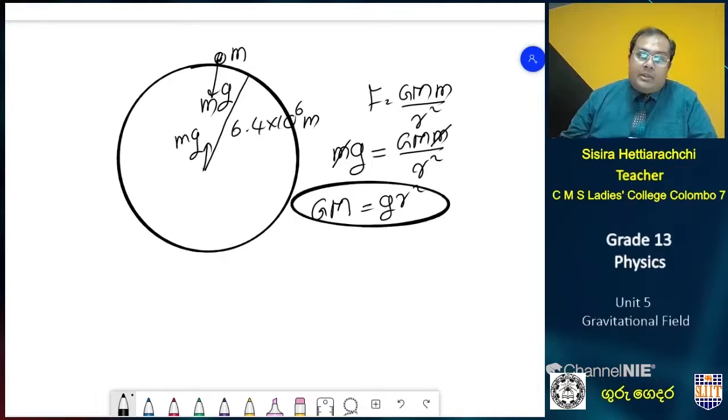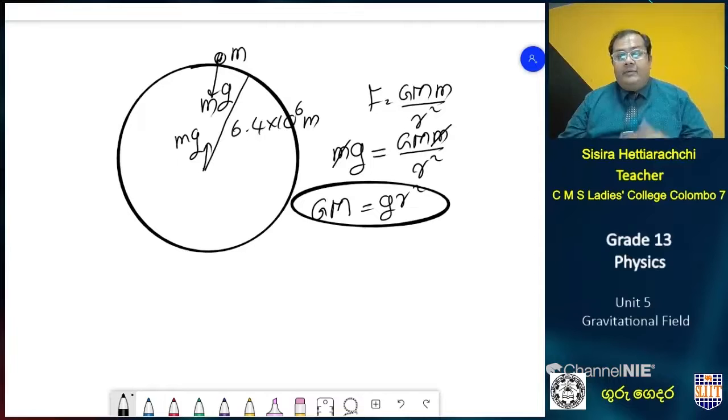Actually, this is also very important. When you're doing questions, if you need GM, instead of GM you can use g and R. What is g? The acceleration on the corresponding planet. R is the radius of the corresponding planet. If you need the GM product, instead of that you can use gR squared.